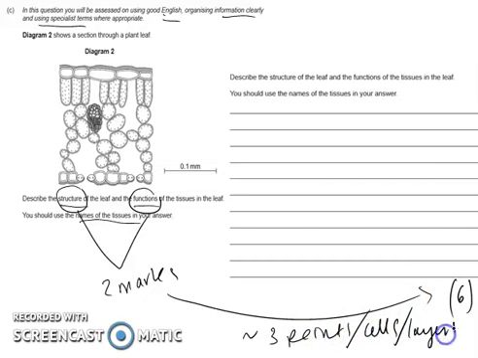So in this case, because they're talking about information being clearly organised, I would bullet point, but obviously write in good English and make sure that you're talking in continuous prose. But bullet points are good to organise your information. So you could talk from top to bottom, that's quite a nice idea. You could even go about labelling sections of the plant diagram.